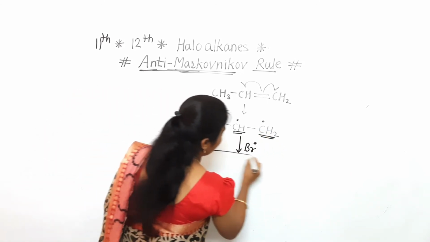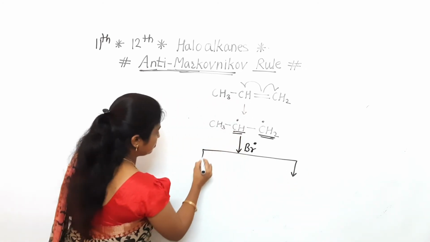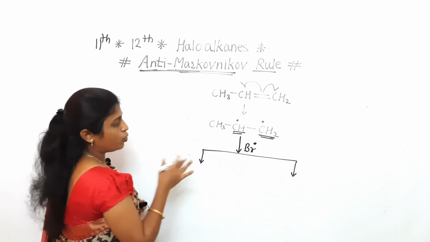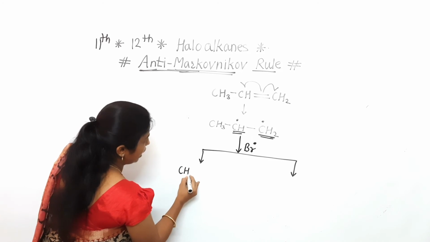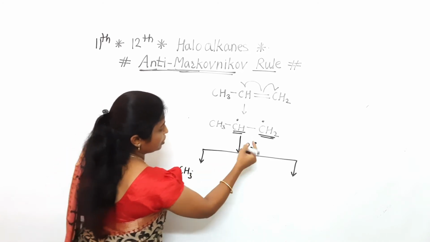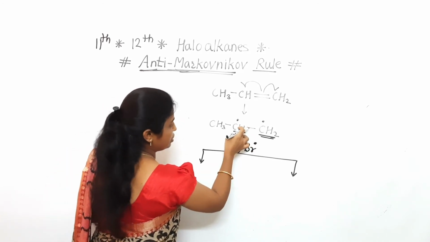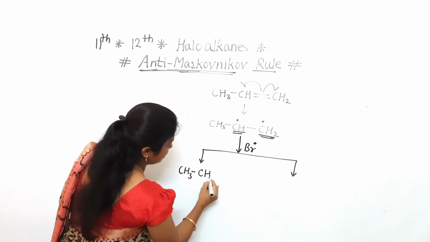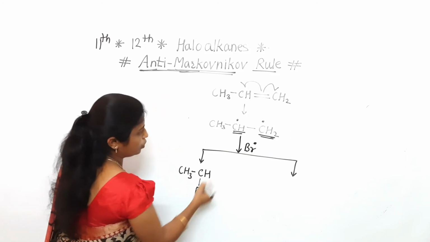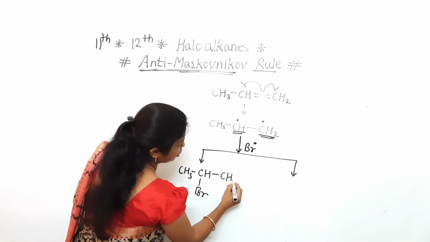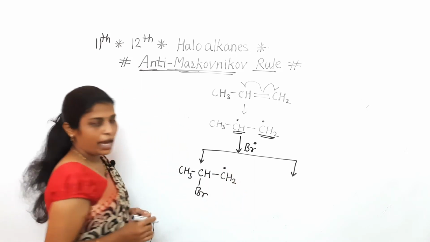So if we consider this one, in this way what will happen here? CH3, first step, if we are combining this Br radical with this one, then what will be the product? CHBr. Then CH2 radical will remain as it is.